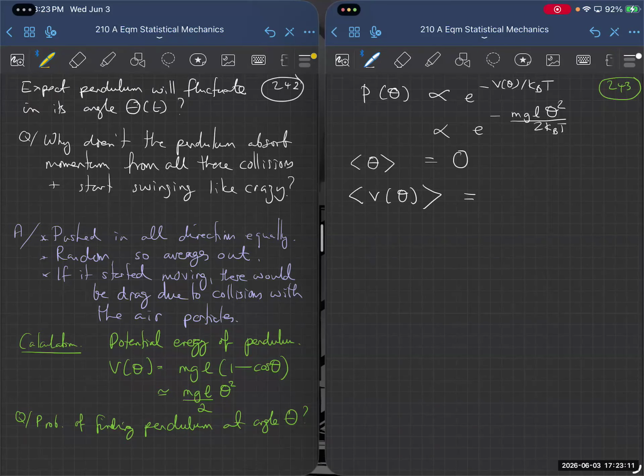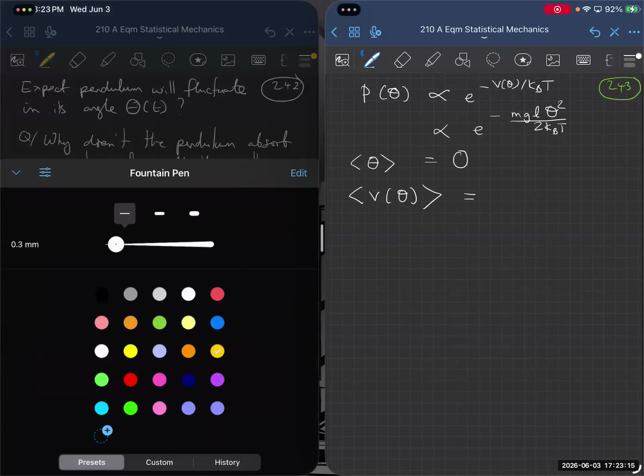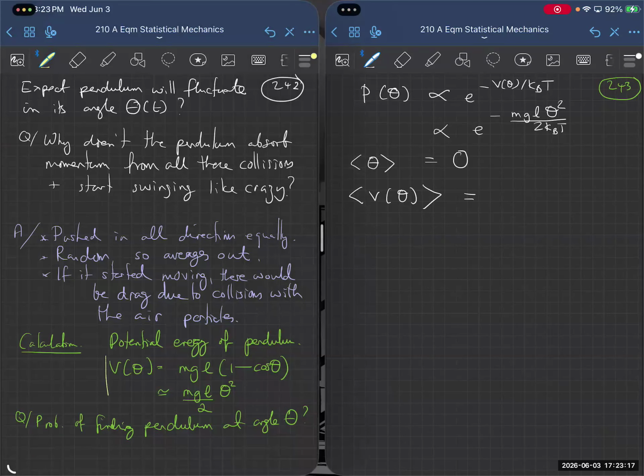The equipartition theorem. The equipartition theorem says that if I have a term in the potential which is quadratic in a degree of freedom, and there it is, theta squared, the expectation value of that term in the Hamiltonian is what? Must be what? 1/2 kT.